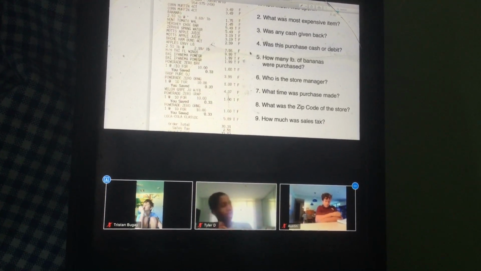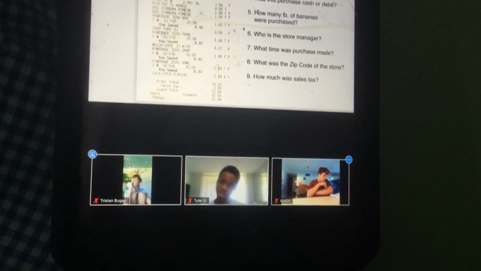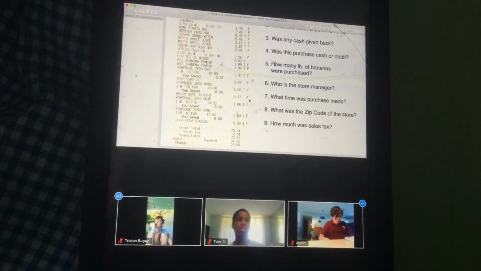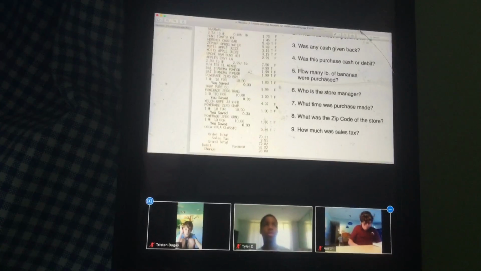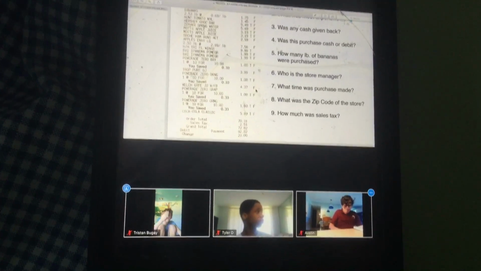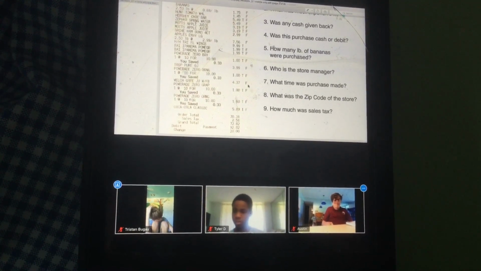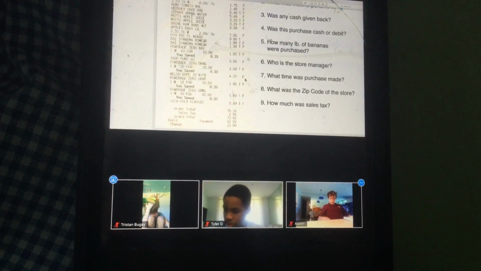Okay. Now look at the bottom again. Was any cash given back? Have you guys ever gone to the store with your parents and they pay and then they get cash back, like at the supermarket? Anybody understand that? Anybody's parents? Christian?